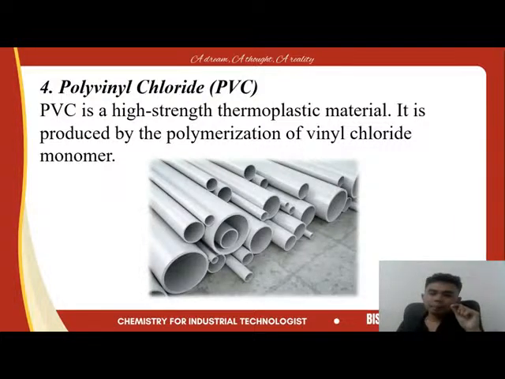Okay, PVC pipes have replaced the metal pipes used for household distribution of water, indeed reducing the risk of contamination via corrosion. Why? Kay kanang atong mga pipes, most of our pipes right now actually use the PVC, the polyvinyl chloride. Why?